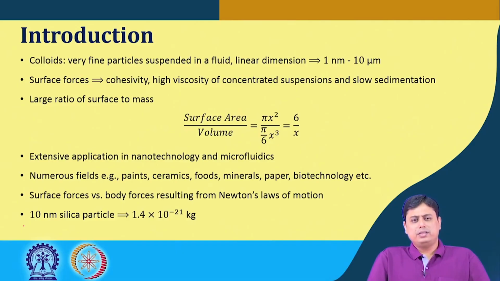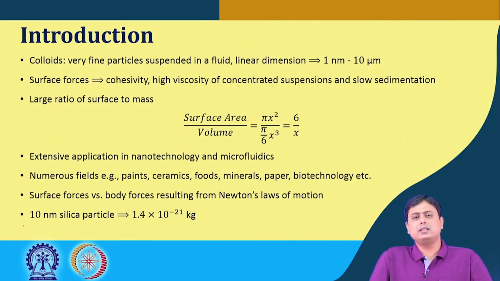Now, the reason the surface forces are important is that these fine particles provide a very large ratio of surface to mass. Now, the mass and the volume are related with the density.